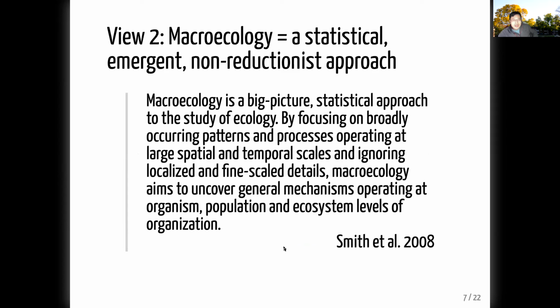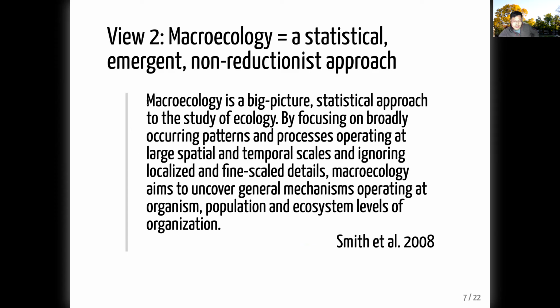And now let's talk about the second view. That is the view of macroecology as a statistical, emergent, and non-reductionist approach. This quote from Smith et al. in 2008, I think, tells it all.